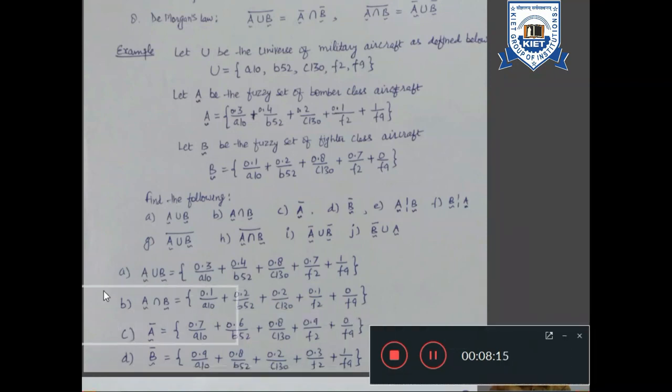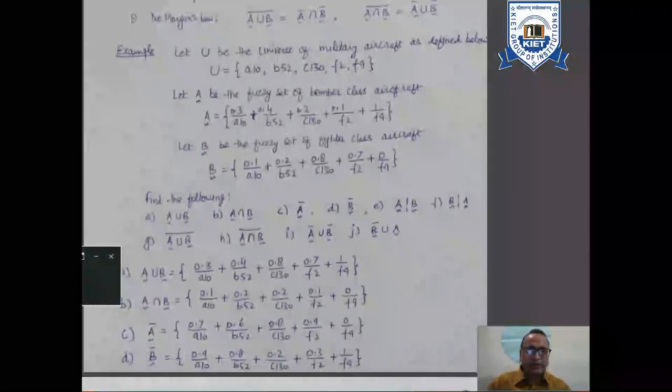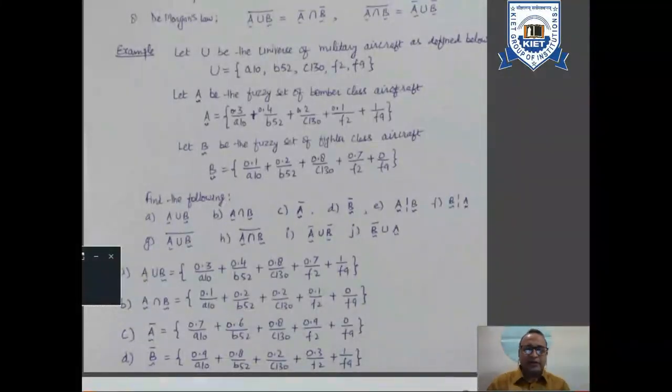So here a universal set is given to us, and that universal set contains all the different varieties of military aircraft. Say, for example, a variety of military aircraft are there with our military, with our air force, right? And say there are some A-10 aircraft, B-52 aircraft, C-130 aircraft, F-2 aircraft, and F-9 aircraft.